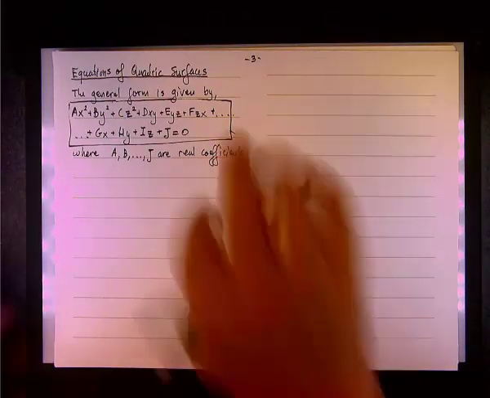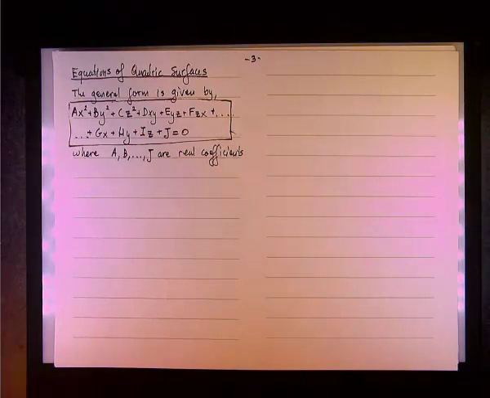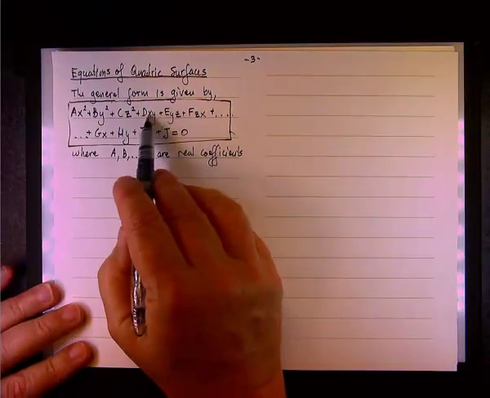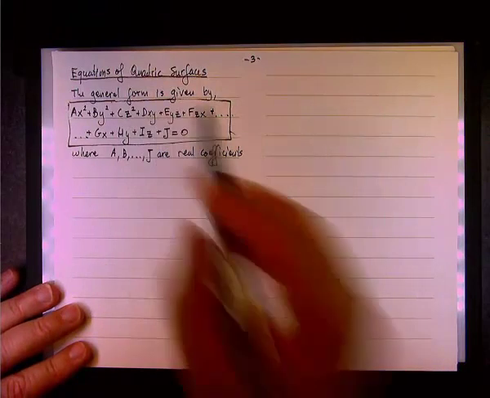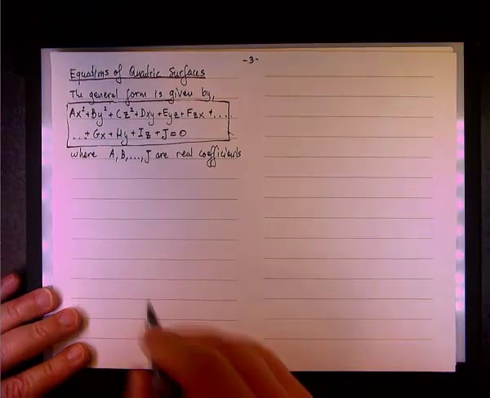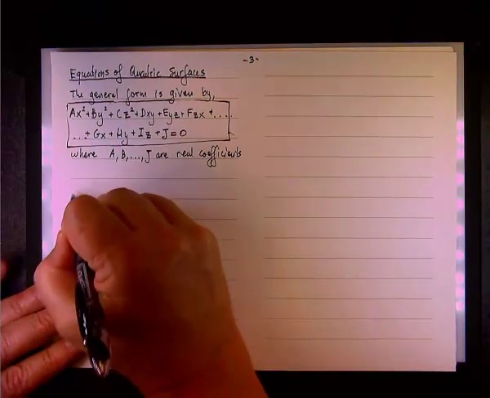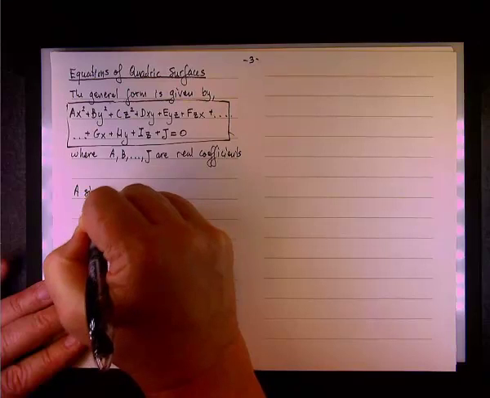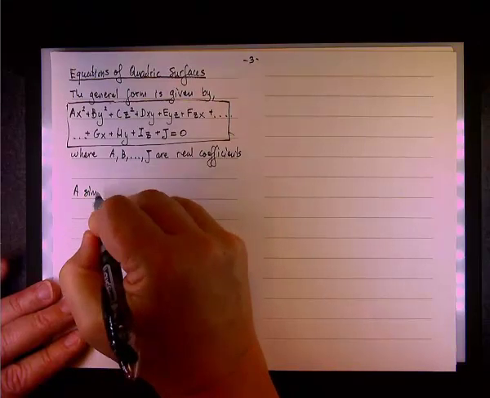Okay, we simplify this equation by making rotation and translation to get rid of the mixed variable terms xy, yz, and zx, and we have a simplified version.